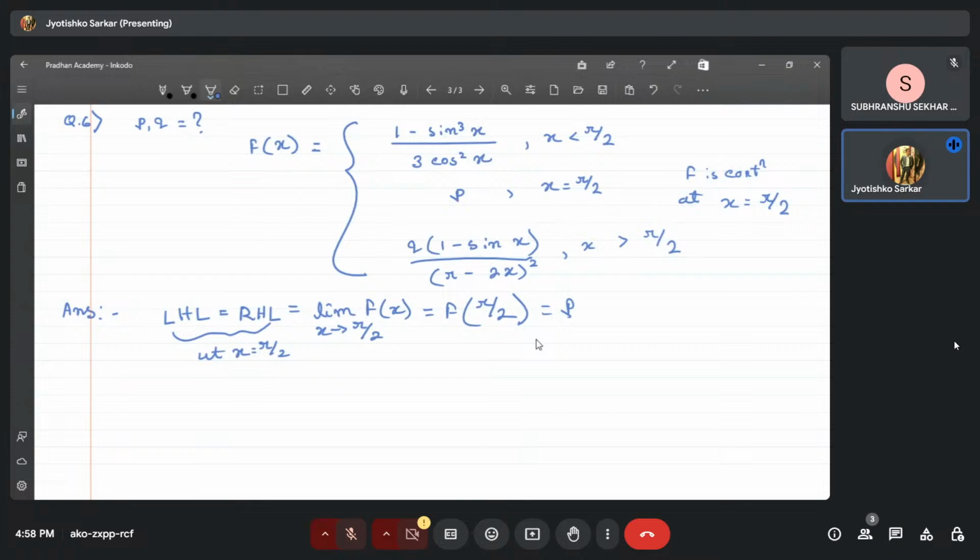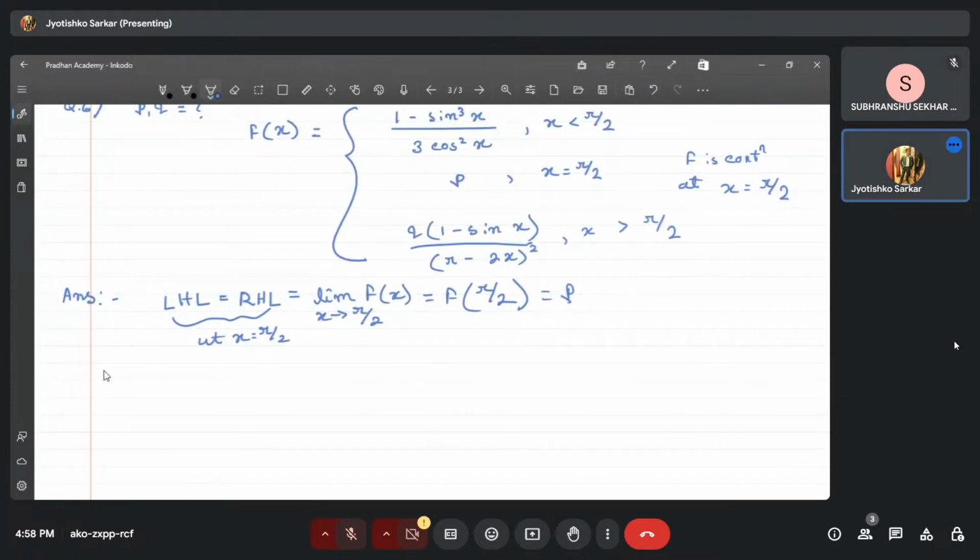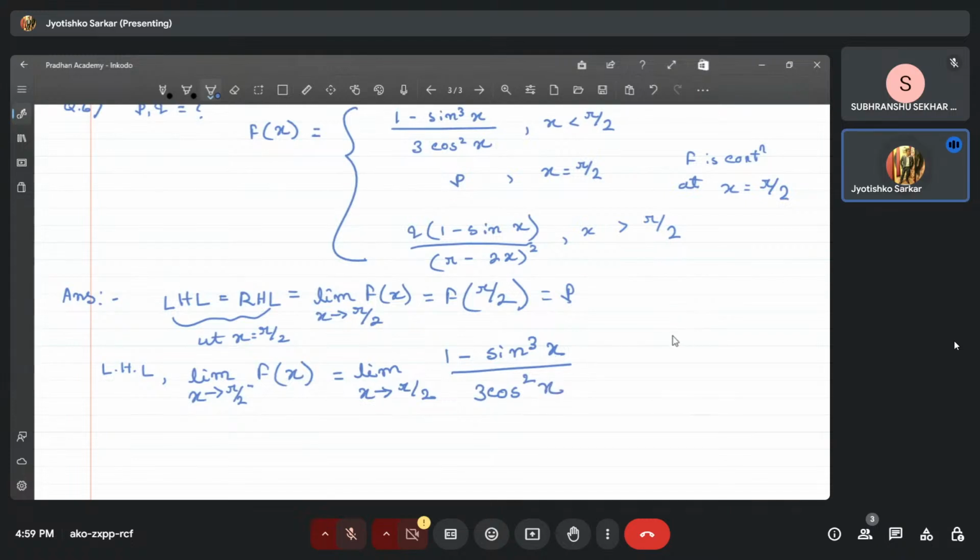Now let's compute the LHL first. For the left hand limit, we can write x equals pi by 2 minus h.